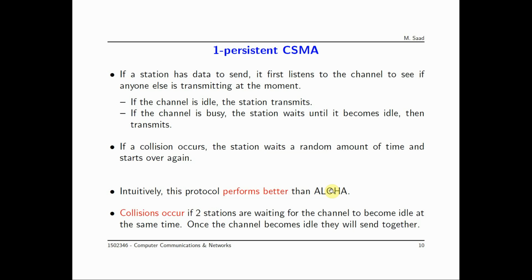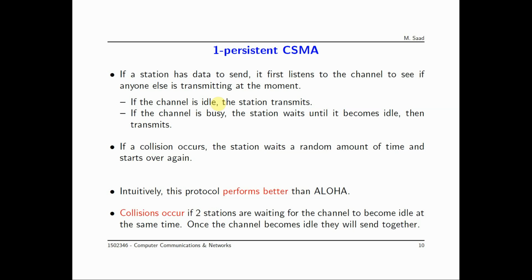Now, another question. As opposed to Aloha, we have managed to reduce the number of collisions because we are sensing the channel. But are we avoiding collisions altogether? In other words, is it still possible to get a collision? Yes, it is still possible to get a collision. Imagine that we have two stations sensing the channel, and they find it idle at the same time, because there is no one transmitting at the moment, but we have two different stations who have frames to transmit.